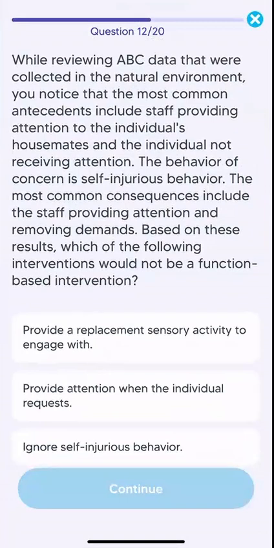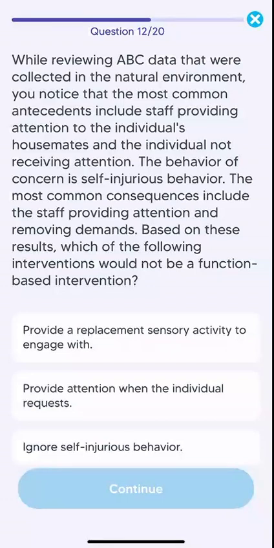While reviewing ABC data that were collected in the natural environment, you notice that the most common antecedent includes staff providing attention to the individual's housemates and the individual not receiving attention. The behavior of concern is self-injurious behavior.